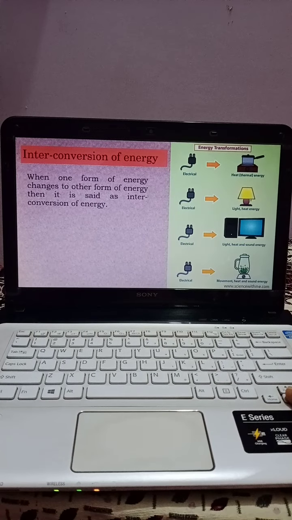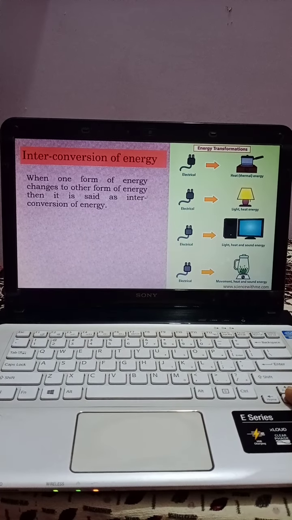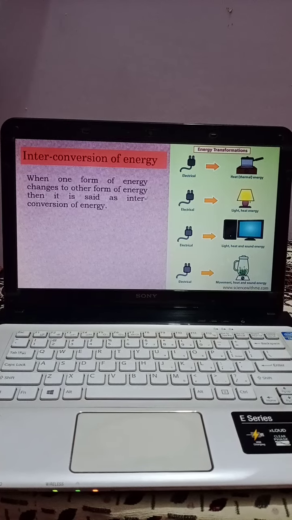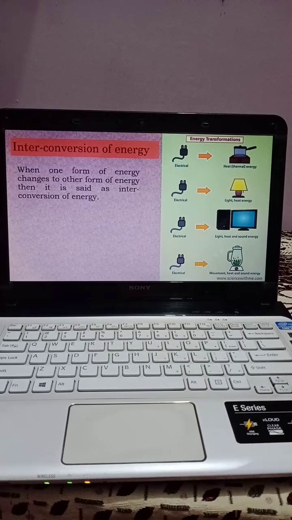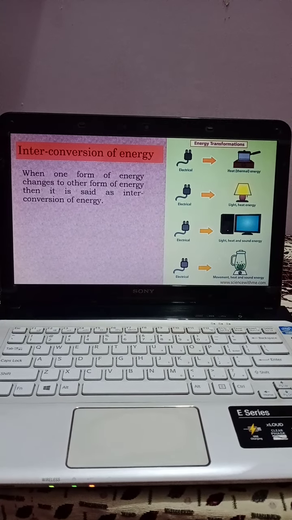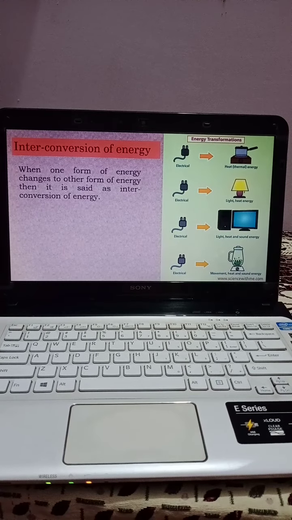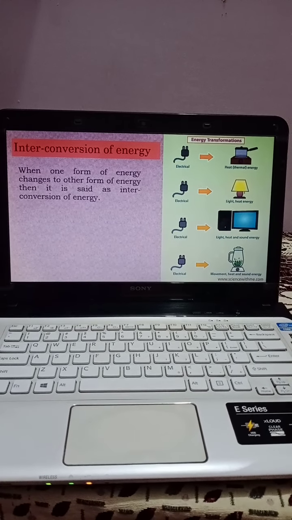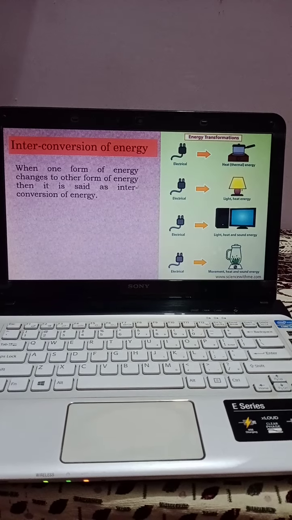Next topic is about interconversion of energy. Till now we have seen different forms of energy, and now we are going to see its interconversion, which means when one form of energy changes to another form of energy.